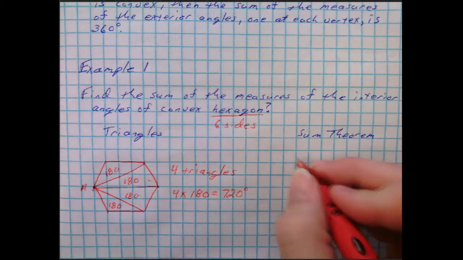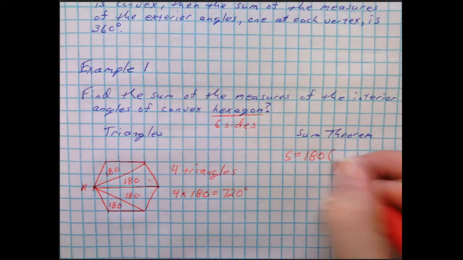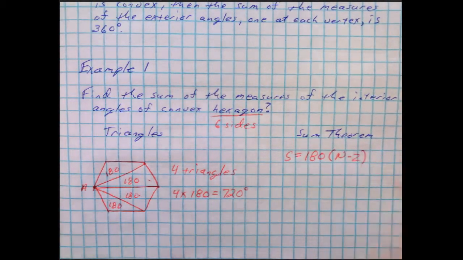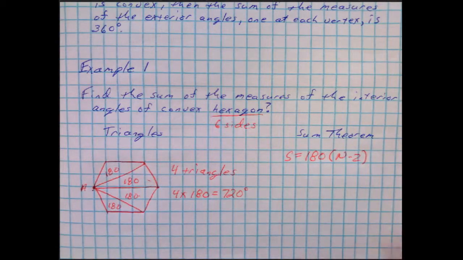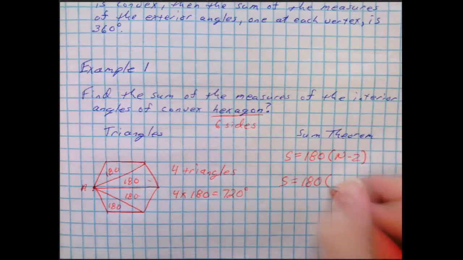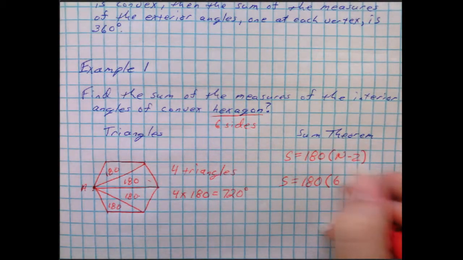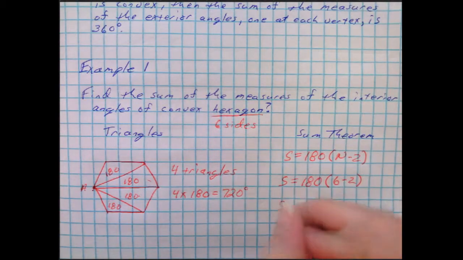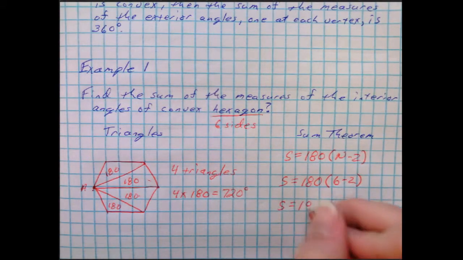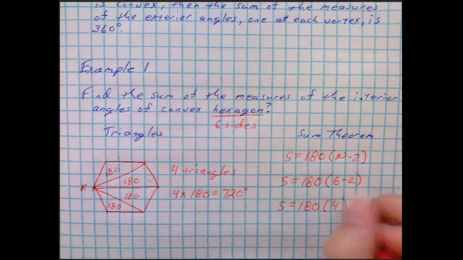Now we're going to come over here and use the sum theorem. Now the sum theorem told us S equals 180 times n minus 2. So we're going to take S equals 180. N is the number of sides. We said there were 6 sides, so this is 6 minus 2. So again, S equals 180 times 6 minus 2 would be 4.